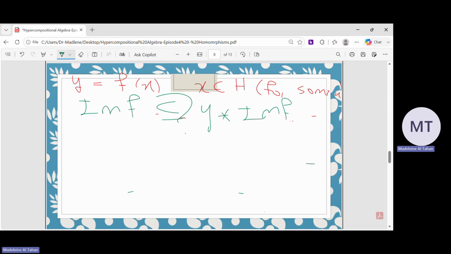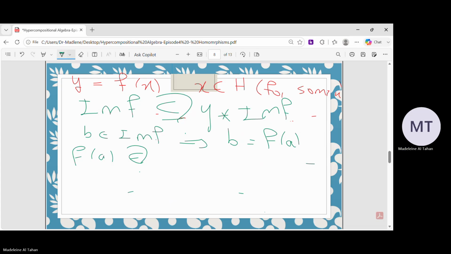So we need to take an arbitrary element in image of f. Since b is in the image of f, it means that we can find a such that b is equal to f of a. Our aim is to show that f of a belongs to y star image of f.